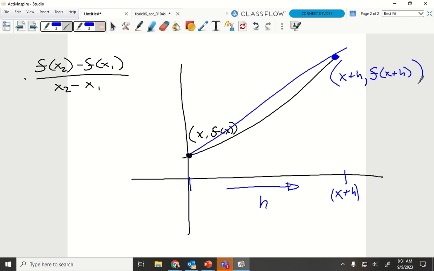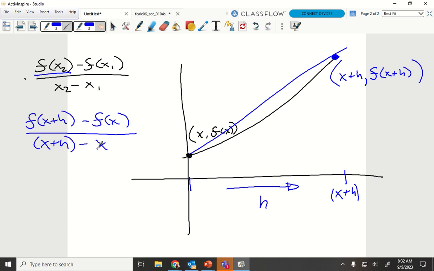Now f of x for my second point is going to be f of x plus h, minus, over, minus what? x. There you go.